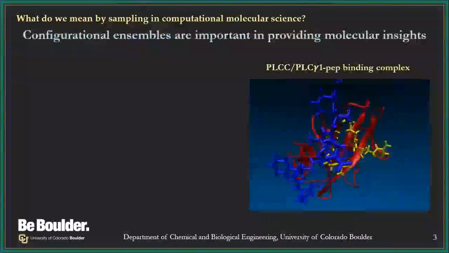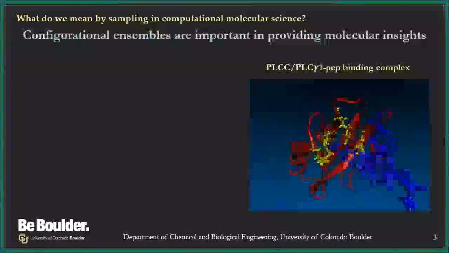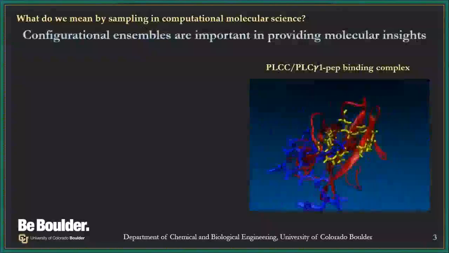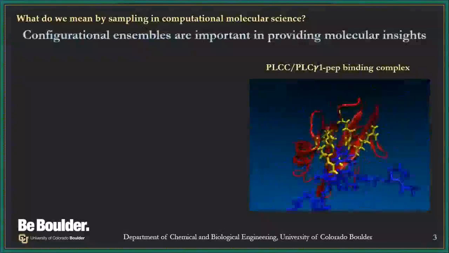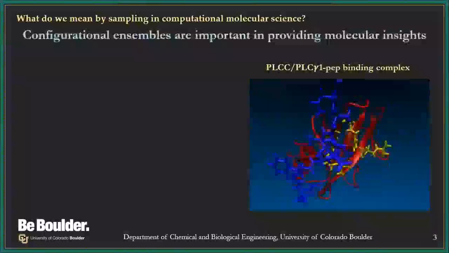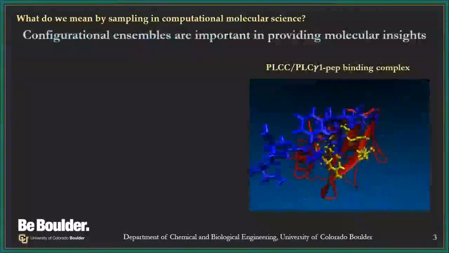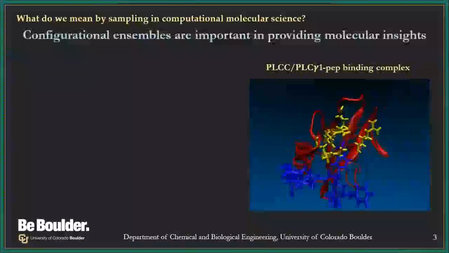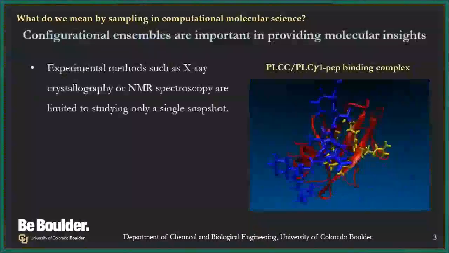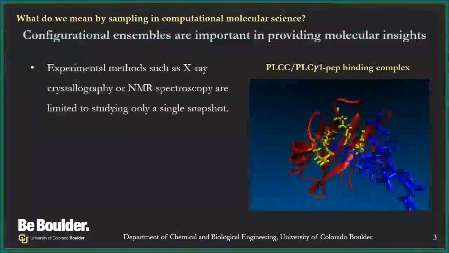From this animated trajectory, we could easily observe the dynamics of the system and tell that the peptide was restrained by the residues colored in yellow, so that the peptide did not drift away from the binding cavity of the protein. This is something that could be missing from experimental methods such as X-ray crystallography or NMR spectroscopy.